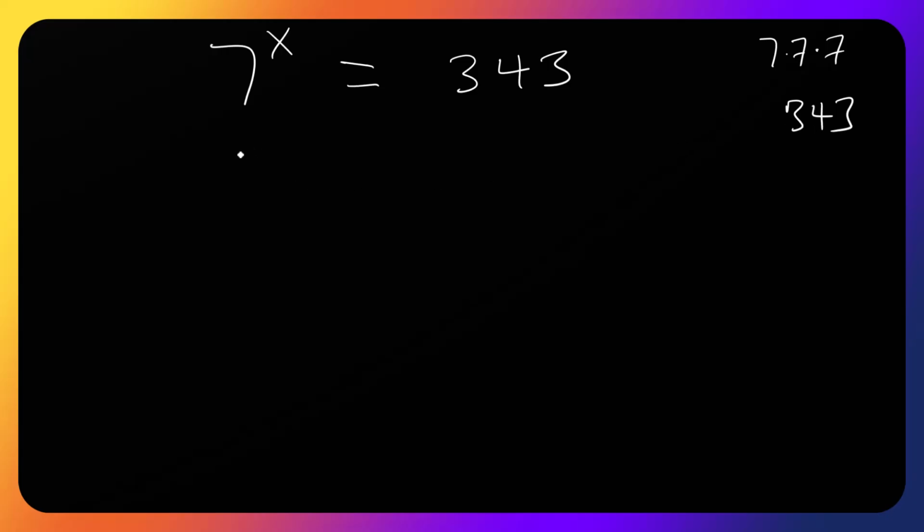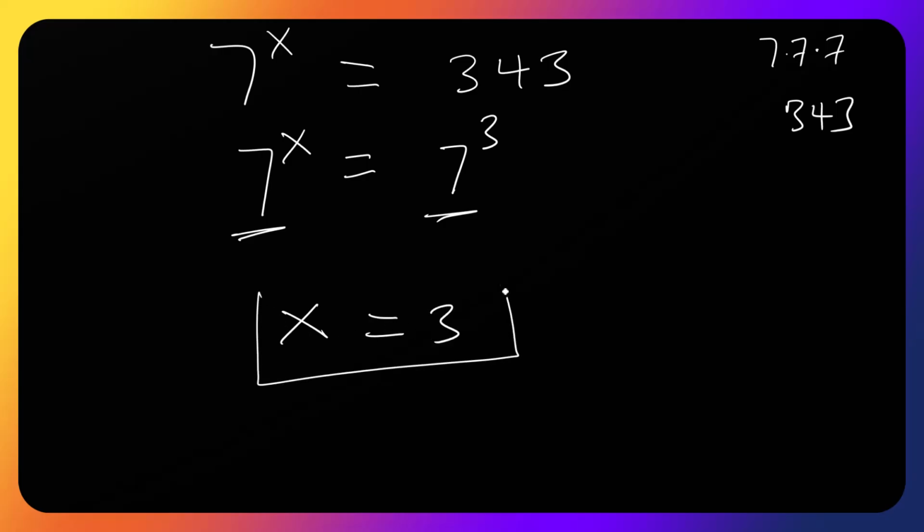So from here you can see 7 to the power x equals 7 to the power 3. Now, since the bases are equal, my x is straight away 3. Okay.